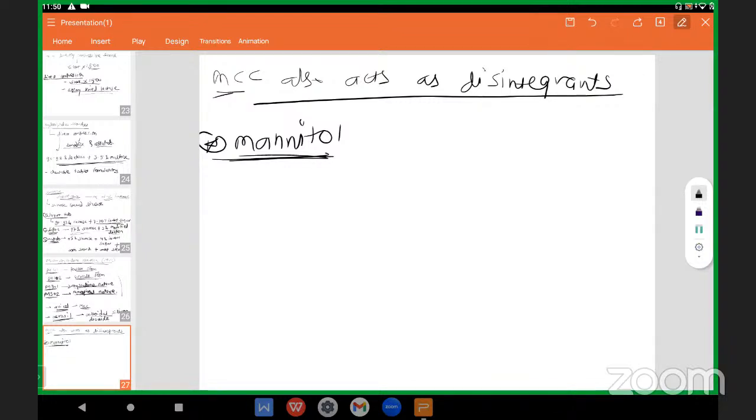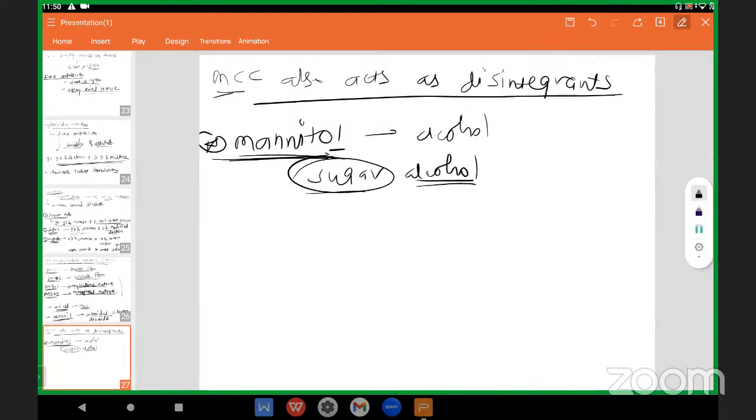It is what, sugar alcohol? Whenever you see the all मतलब क्या है? Alcohol है. That is obtained from the sugar. Okay, so write down. It is most expensive sugar. Mannitol is most expensive sugar used as diluent.